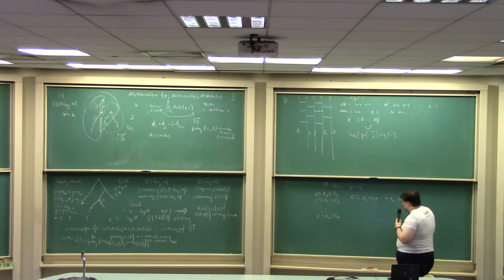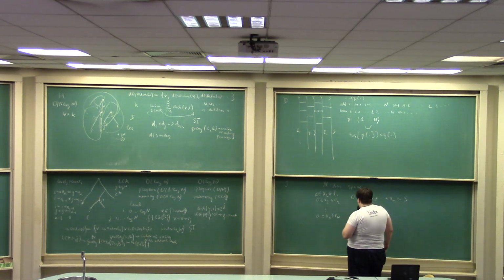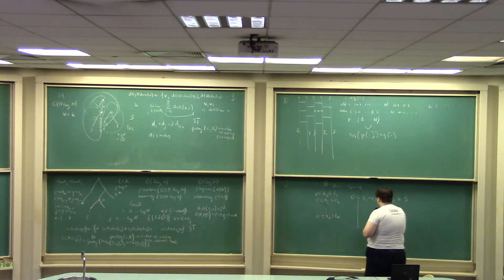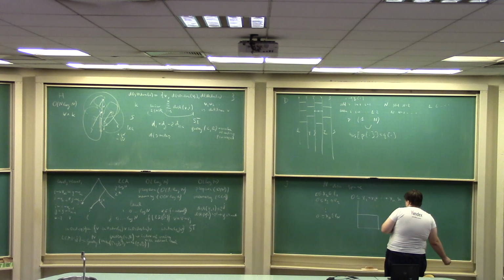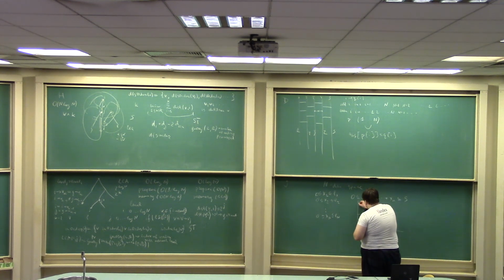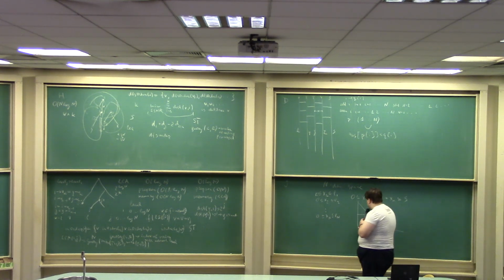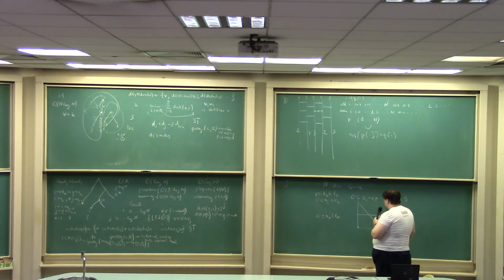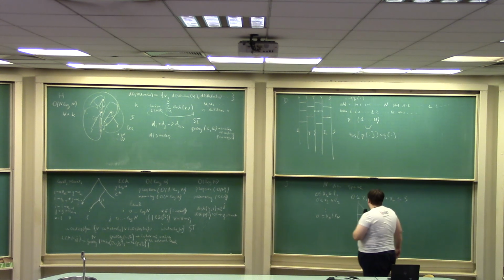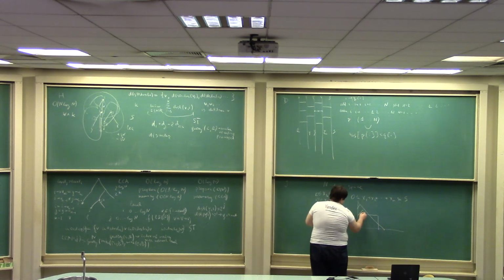So let's look at the two-dimensional case for simplicity. Let's use the inclusion-exclusion principle here. Let's look at this vertex. The part of the triangle which starts at this vertex is this.